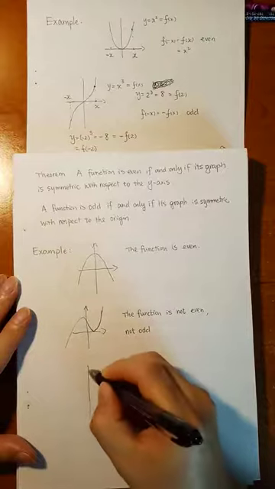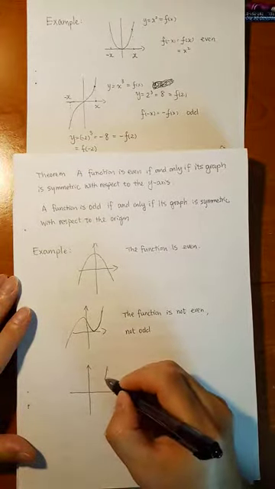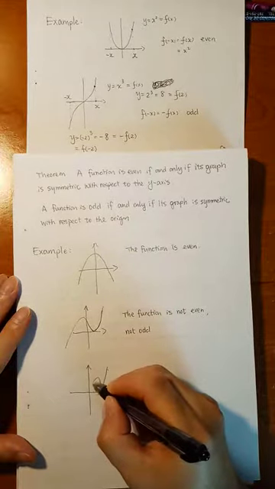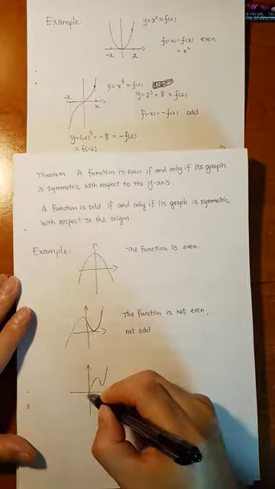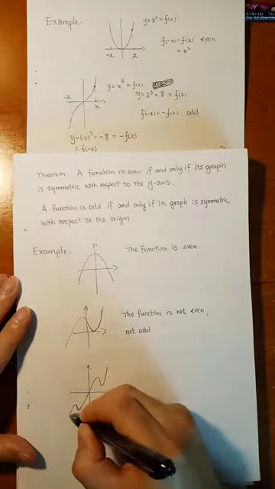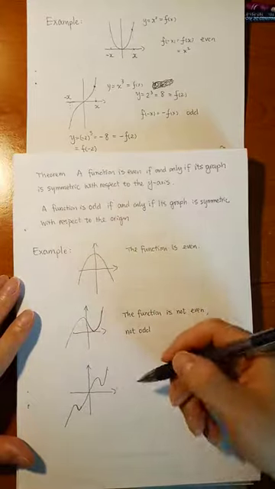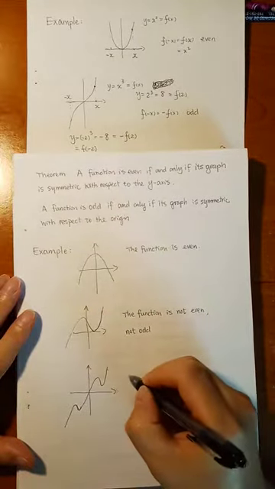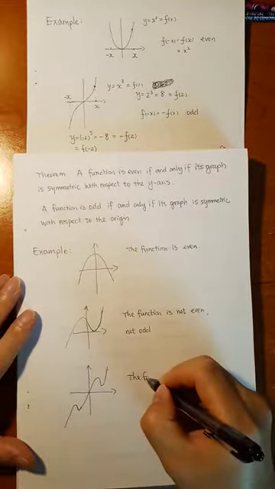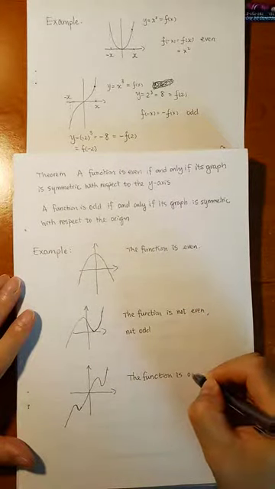And if you see the graph of a function like this, let me stretch it, assume my graph is better than this handwriting, this function is an odd function.